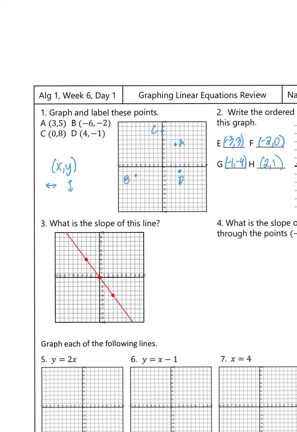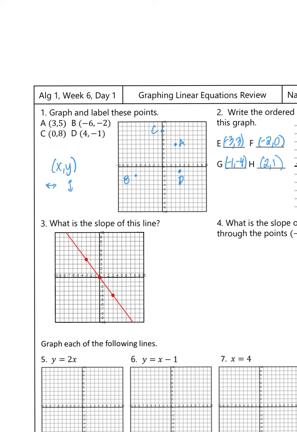Now let's talk about some slope. Remember, slope is rise over run. If we're given a graph, we can count to find the slope. So we just pick 2 of these points, and really we actually pick one of them and then figure out how much it takes to rise and run to get to another point. I've tried to be helpful here and mark points that would be good to use.